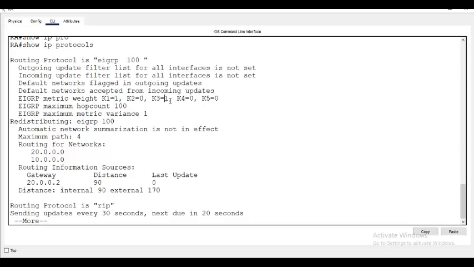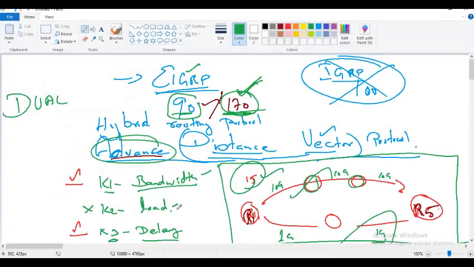Bandwidth, load, delay, K3, reliability, K4, MTU, K5. Every wire will have these things. Now let's go back. Right. I just showed you that the other K values are not going to be considered.